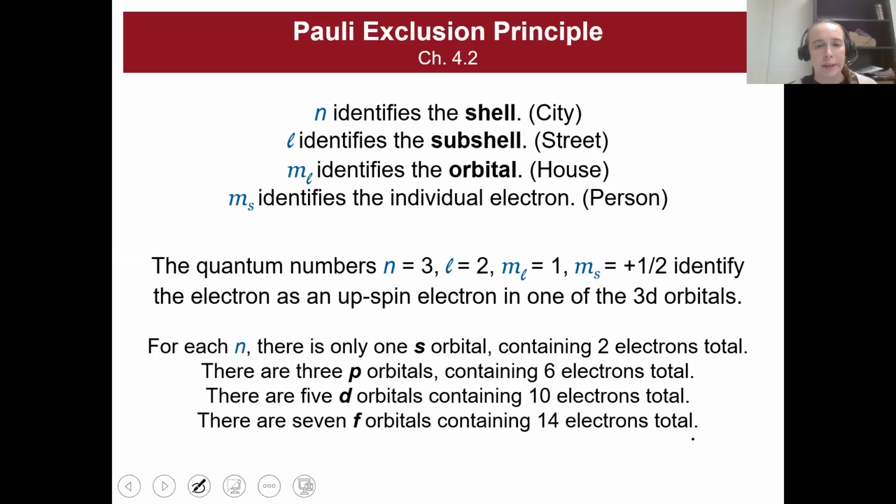So let's look at an analogy here. So n identifies the shell of the electron, the energy and the size of the electron's orbit. l identifies the subshell, the shape of the orbital. m sub l identifies the orbital itself.